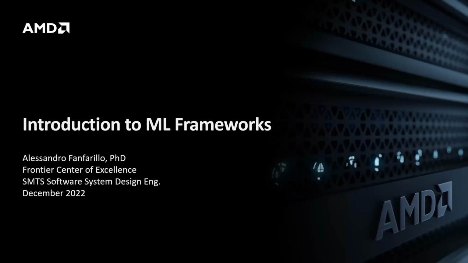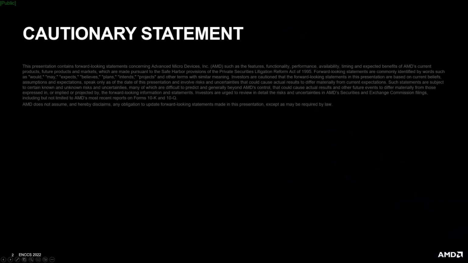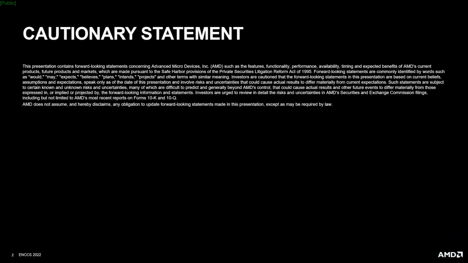All right. So yeah, Alessandro Fanfarillo, Frontier Center of Excellence. We're going to talk about some ML frameworks. You don't need to see this, but I have to show it to you. And this is the agenda. I'm going to show you a few details about the two main architectures that we're targeting nowadays, CDNA and CDNA2.